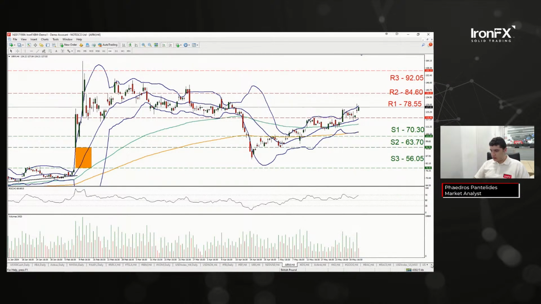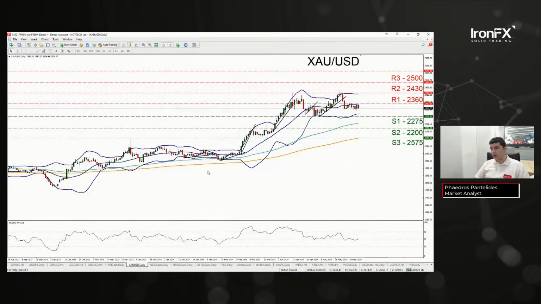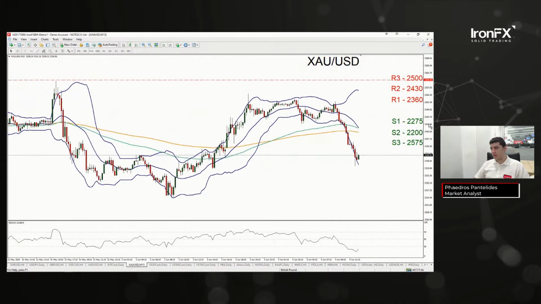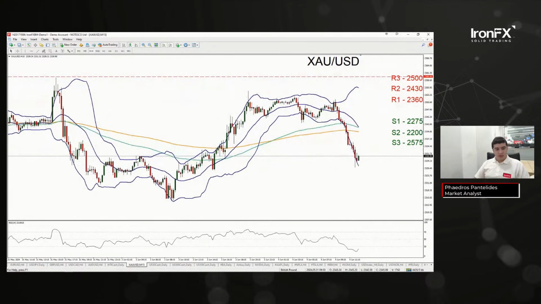Moving on, let's see. Perhaps we could drop down to a 15-minute time frame for gold. And let's see how that is reacting. Now, as a temporary support level, resistance level, this was it.